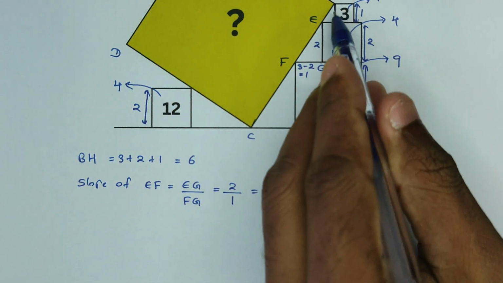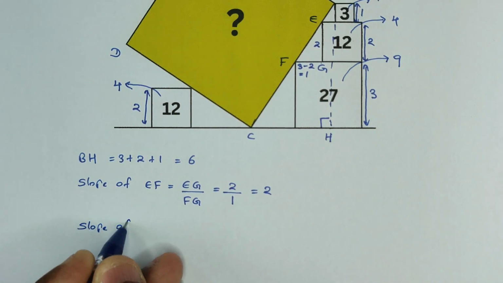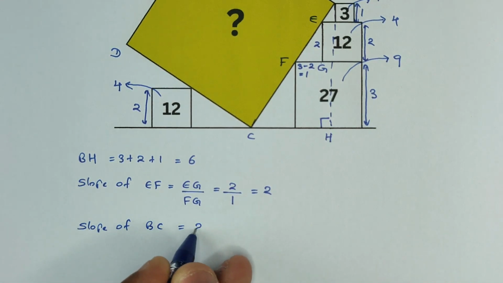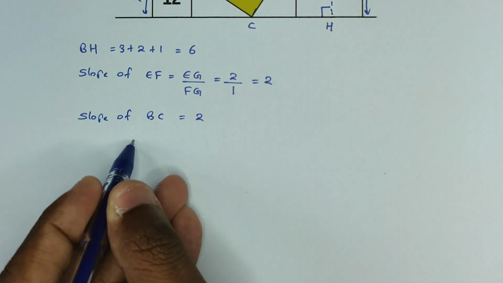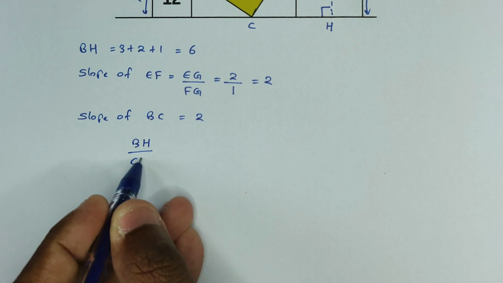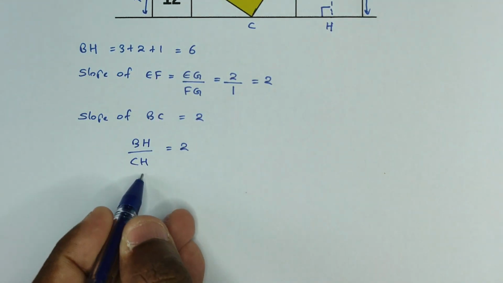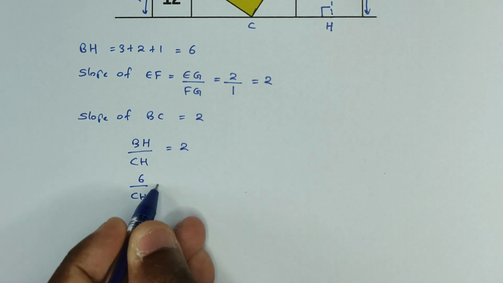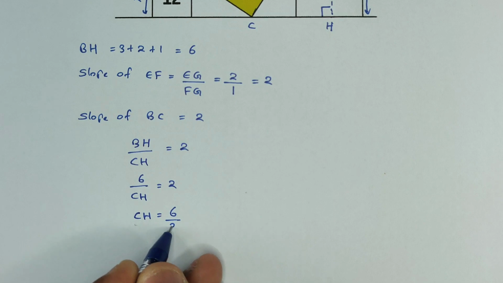So the slope of BC is also 2. Slope of BC equals BH by CH. We already know BH is 6 units, so CH equals 6 by 2, which equals to 3 units.